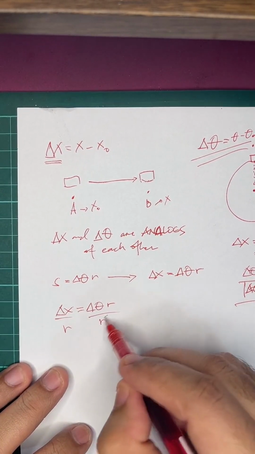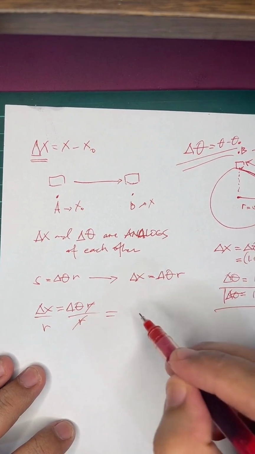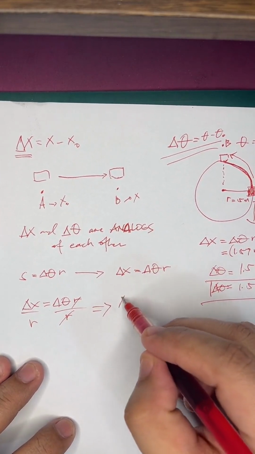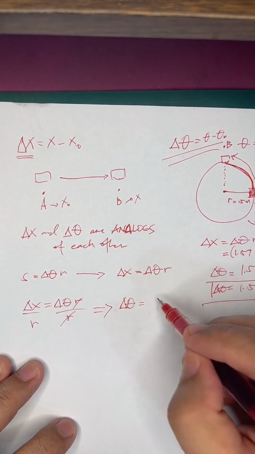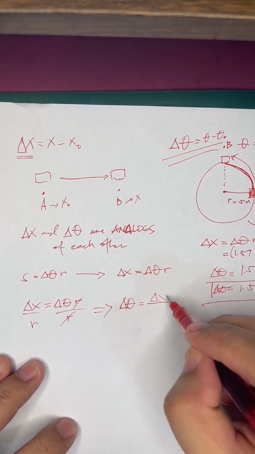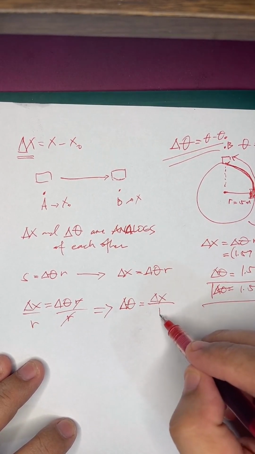So we would end up with the equation delta theta equals delta x over r.